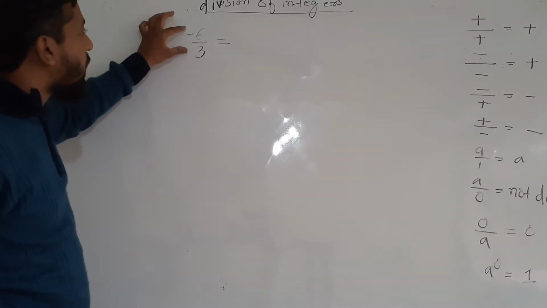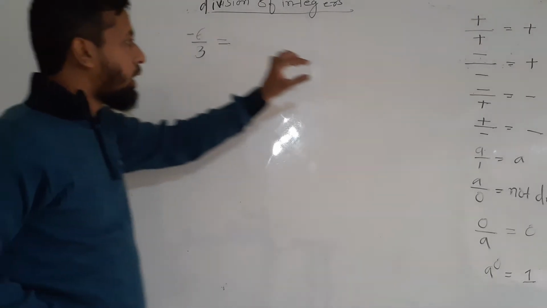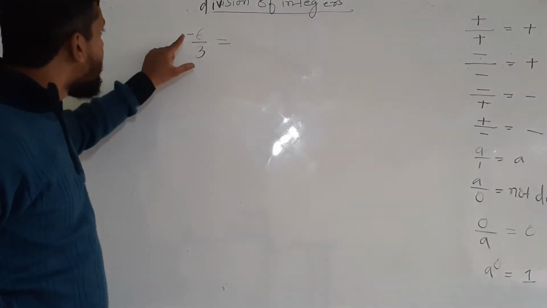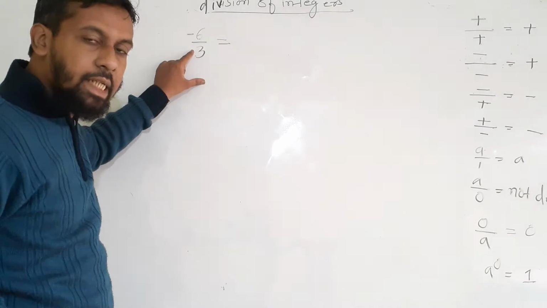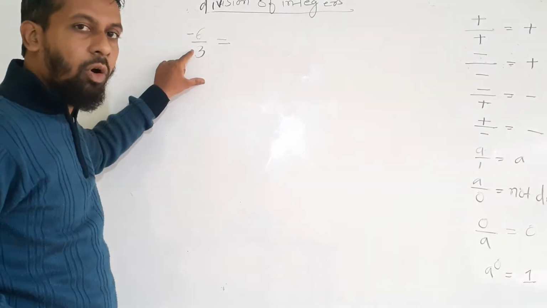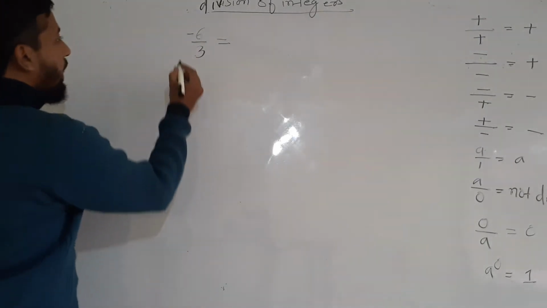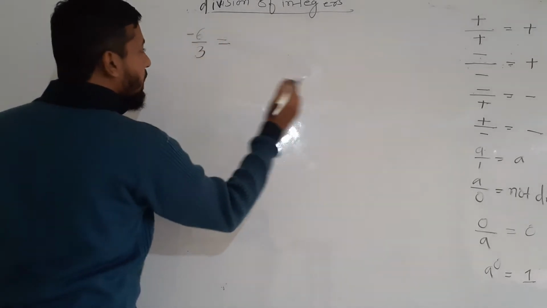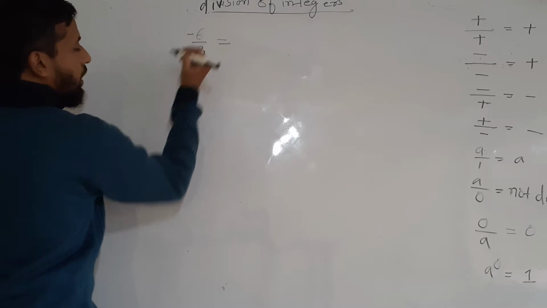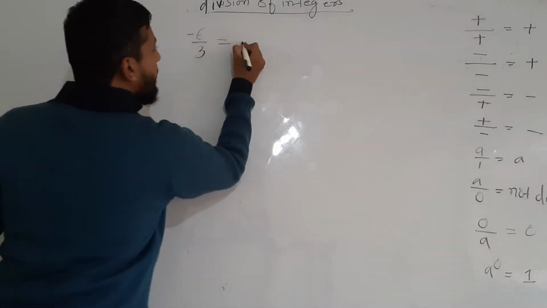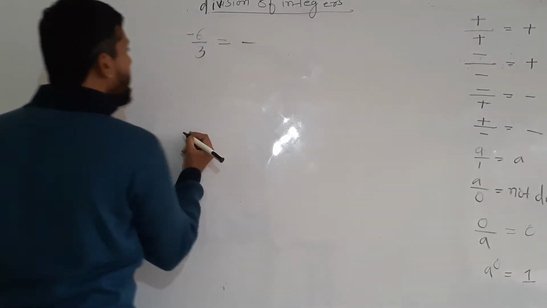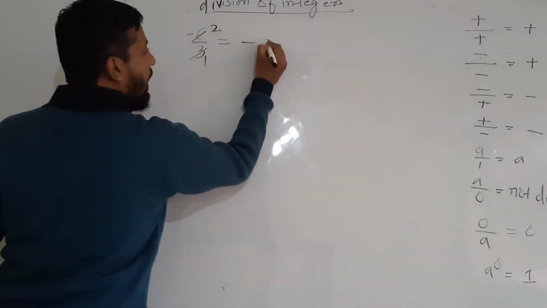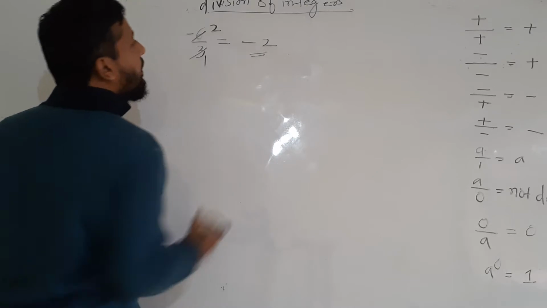This is a question of division of different sign. This is minus; if the sign is not mentioned, the sign is plus, we all know. Now, division of different sign is minus. 3 ones are 3, 3 twos are 6, the answer will be minus 2.